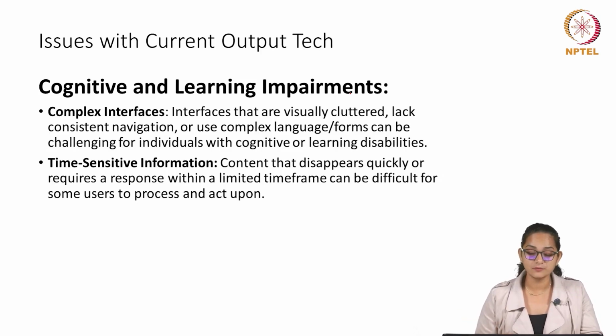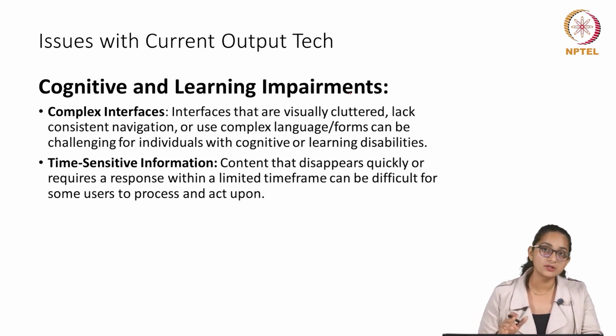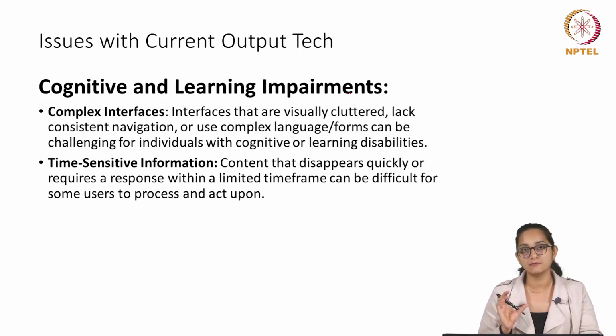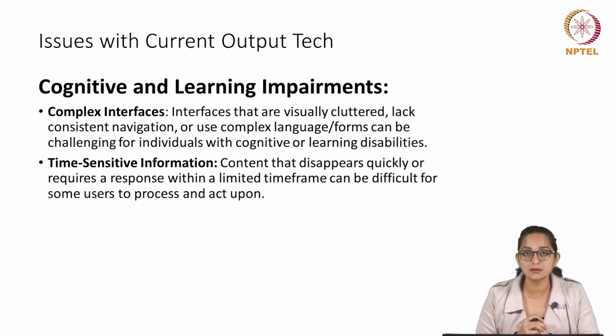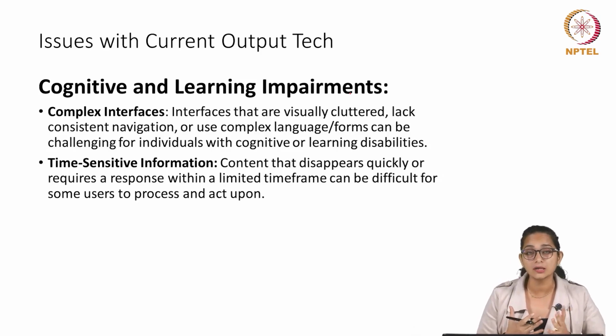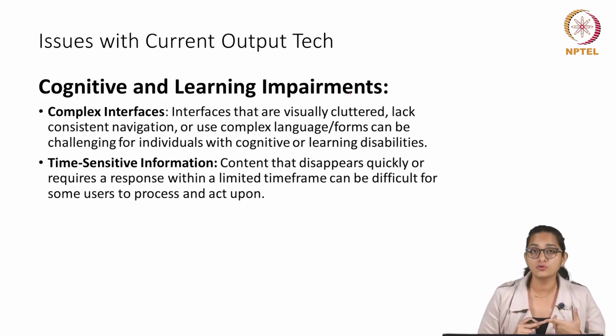Time sensitive information, for example, a password that needs to be entered in a given amount of time, or an OTP that needs to be fetched from somewhere else and then entered in a given time. I'm sure you are now able to enjoy auto detect and autofill of OTPs.